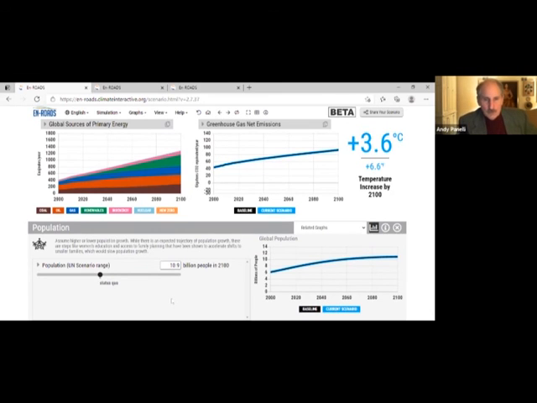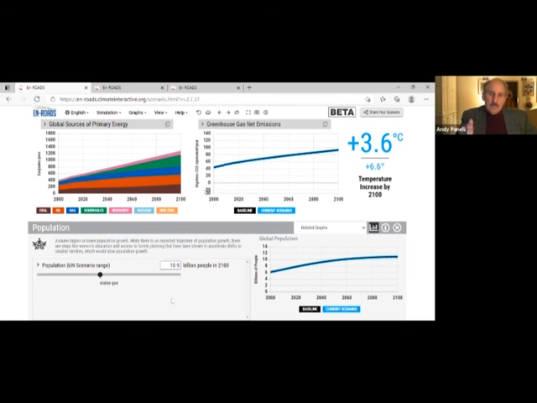And the next 2 billion people are driving somewhere in the neighborhood of 38 to 42% of it. So we may not have as much of a population problem as we do a consumption problem with the top half, the richest half of the world.